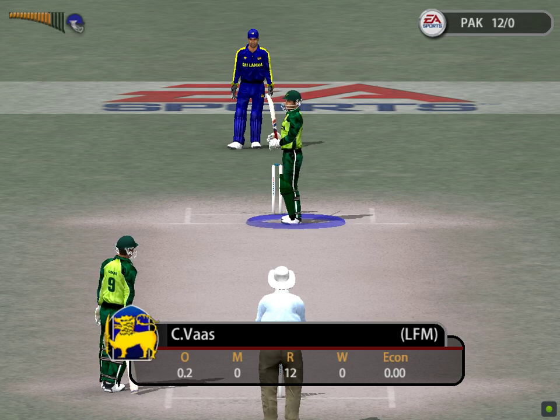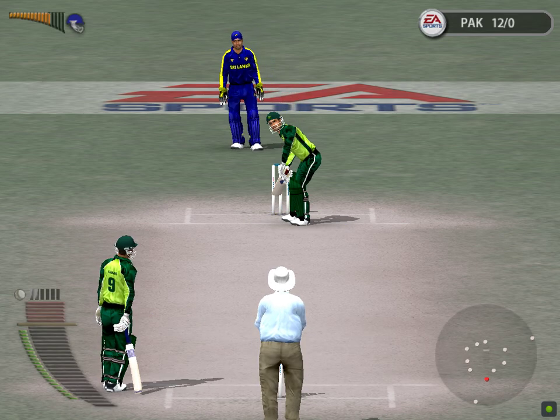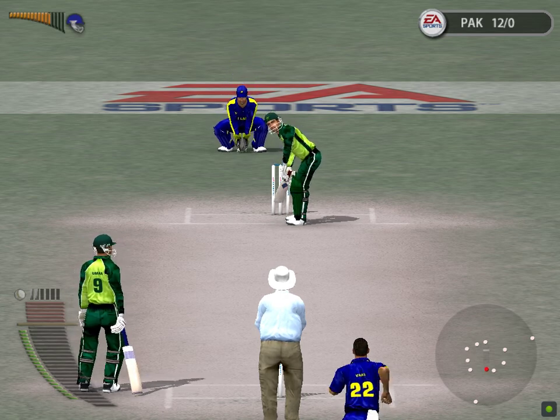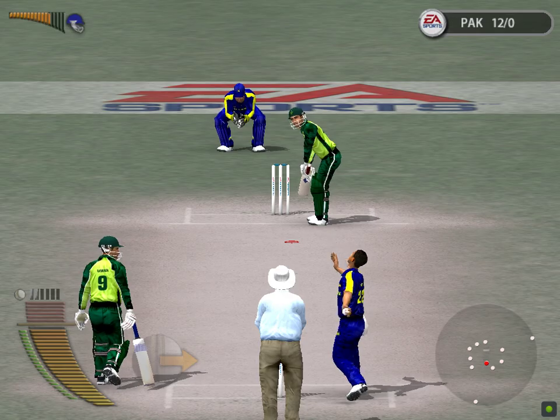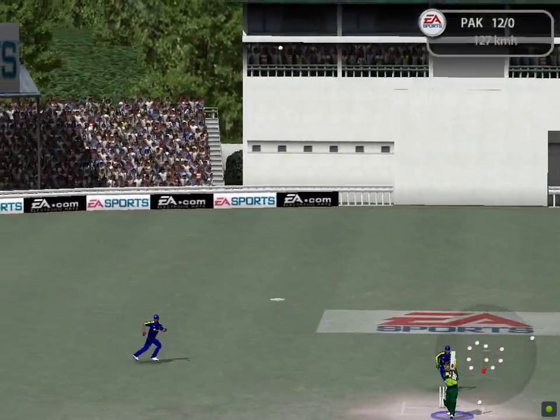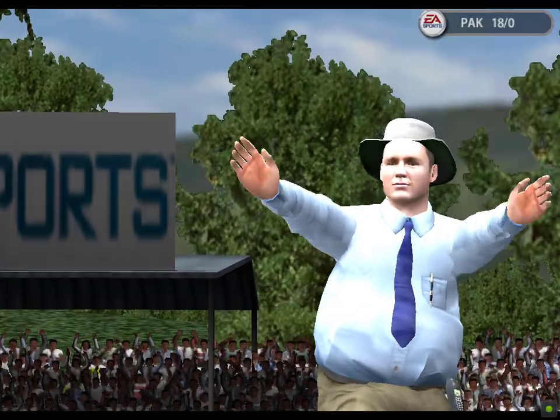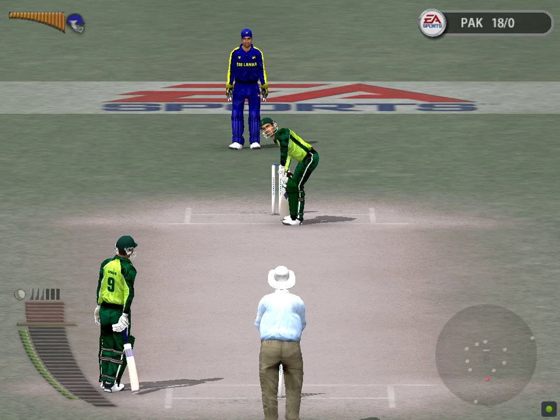Vas to bowl to Shahid Afridi. That's over the rope. 6 runs off Vas. Let's take a look at that in slow motion.